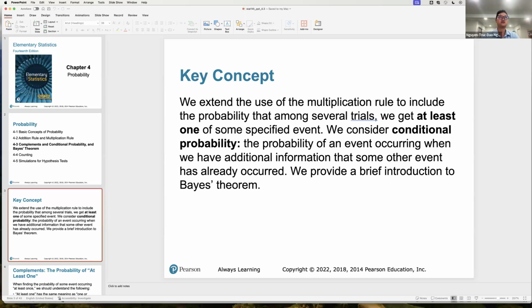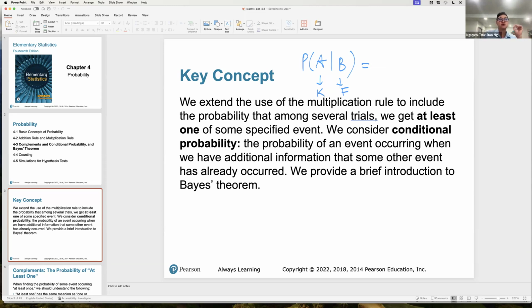So what is the conditional probability that the card is a king, given that it is a face card? B here is the face card, and A is the card is a king. Now let's find the conditional probability in this case.